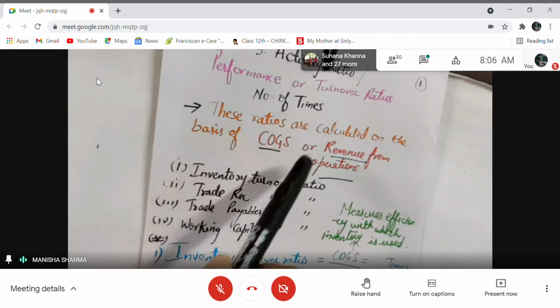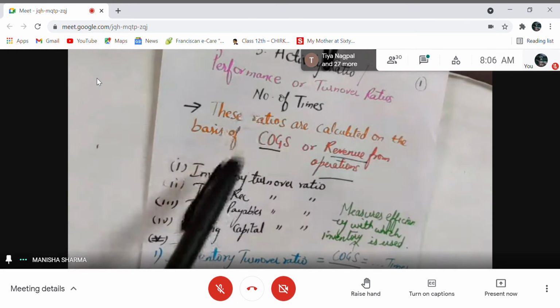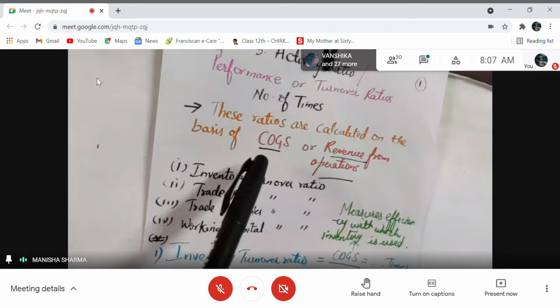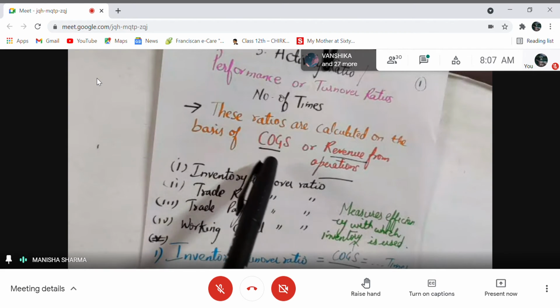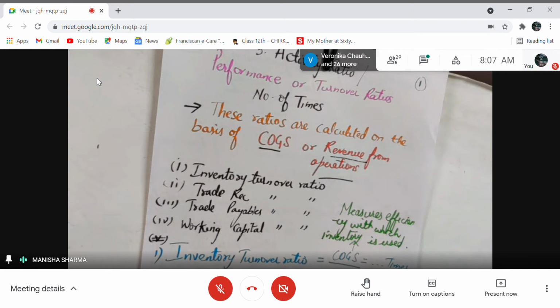In these ratios, what is the main item, the numerator, with respect to which we find the ratio? The numerator or the main item used here is COGS, cost of goods sold. The other name in company accounts for cost of goods sold, or COGS, is cost of revenue from operations.